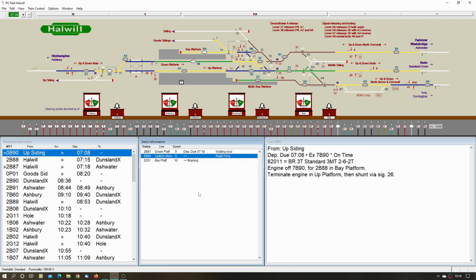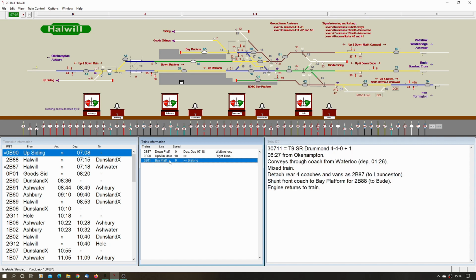The loco's obviously booked for the appropriate train. Right, he's braking. I'm going to put 34 back. This one's coming out there. Put C back.